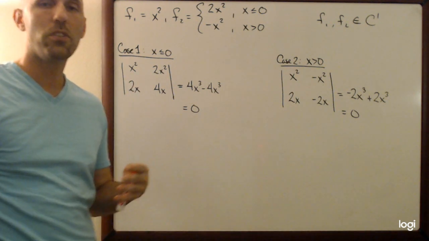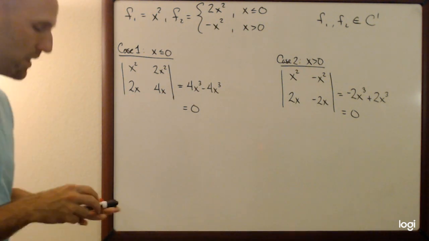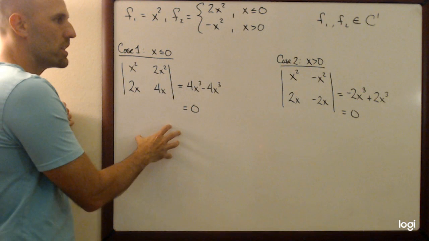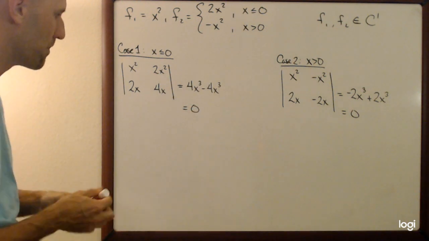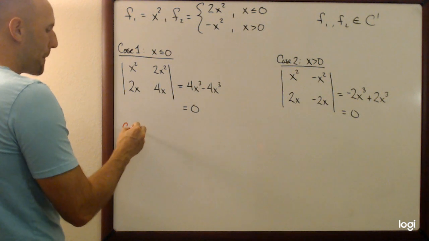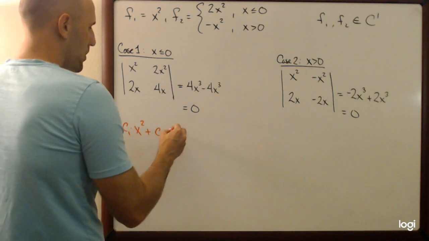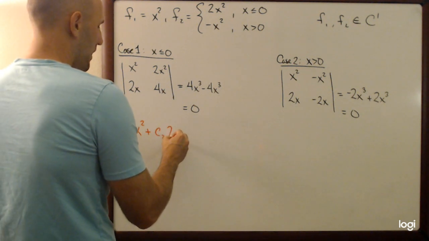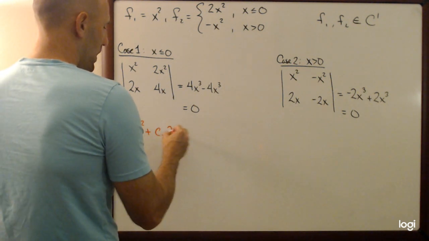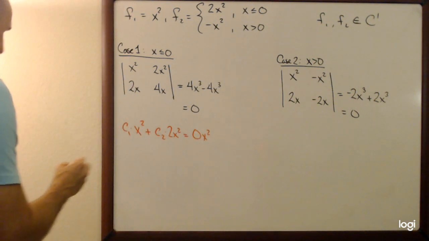So what do I need to do? I need to check the actual definition. So let's do one at a time. We've got case 1, we've got case 2. Let's go back to the original definition. The original definition says C1 times my first function plus C2 times my second function needs to equal my 0 vector, in this particular case, 0x squared.